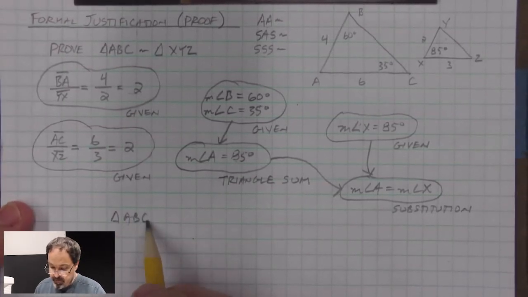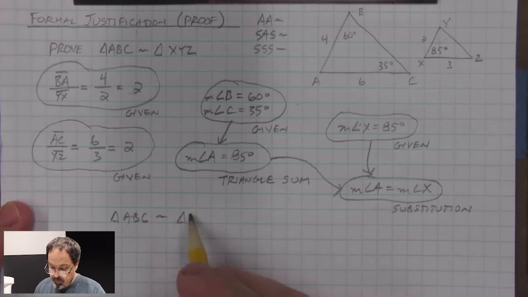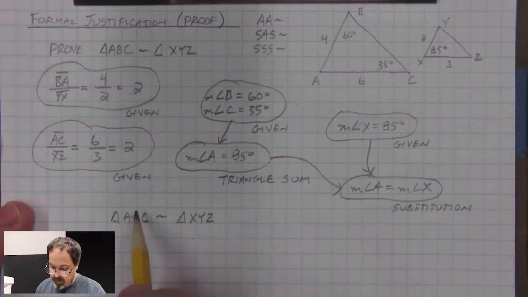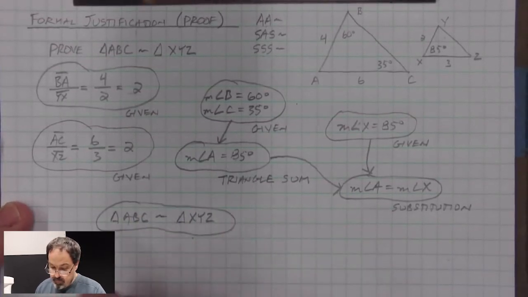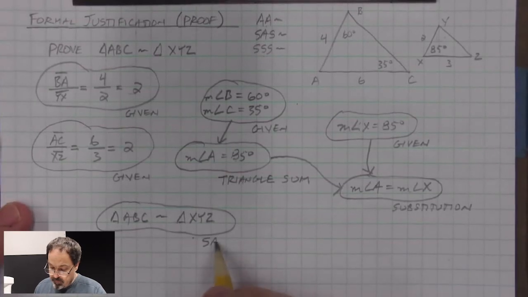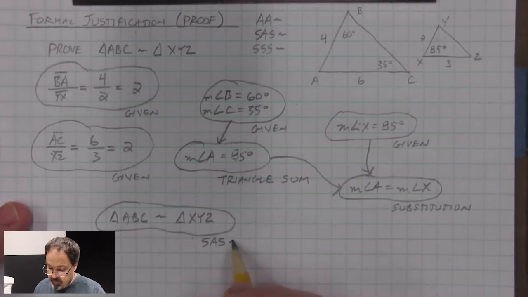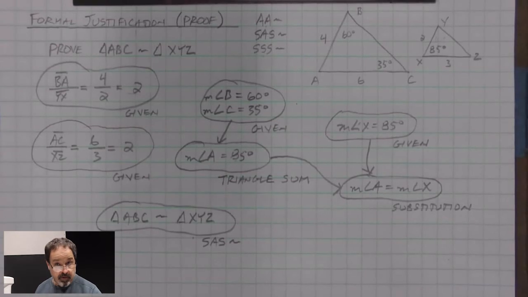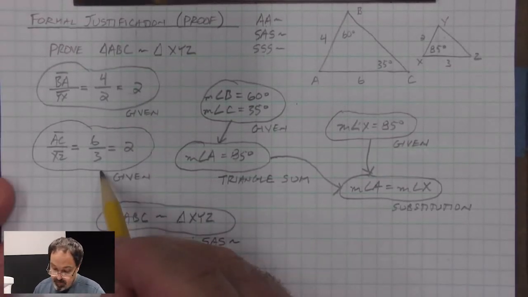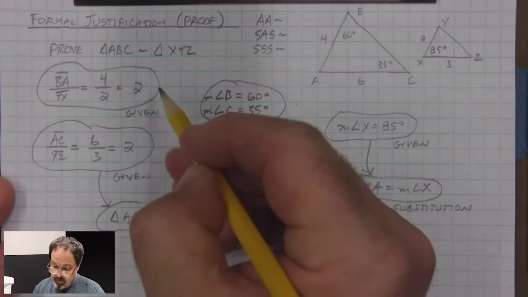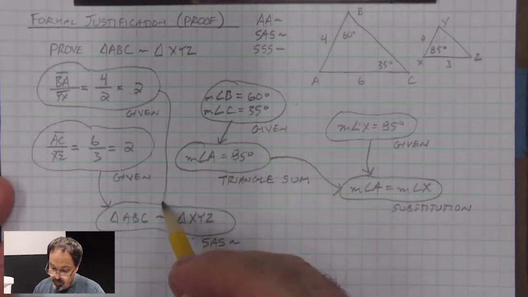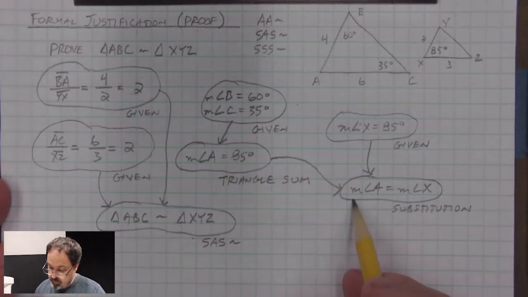Triangle ABC is similar to triangle XYZ. Justified by side-angle-side similarity. And now I have to collect the two corresponding proportional sides and the corresponding angle in between those sides and point them towards my conclusion.